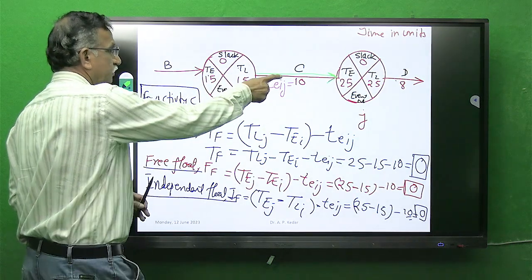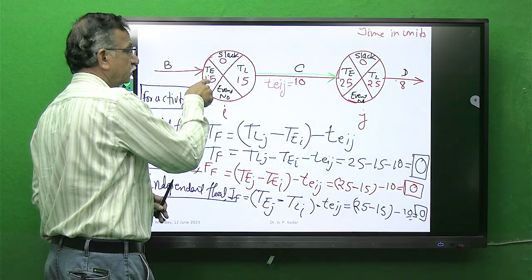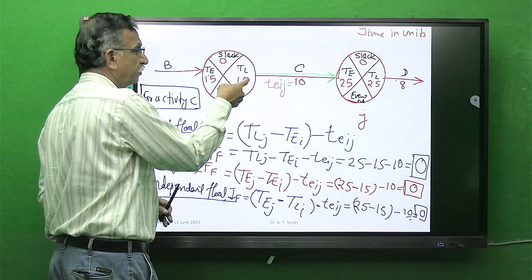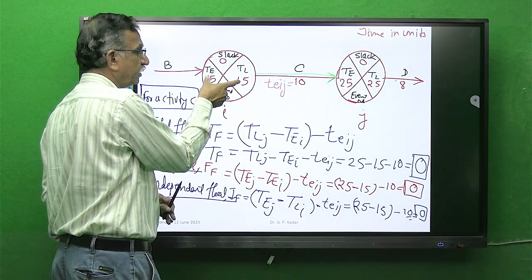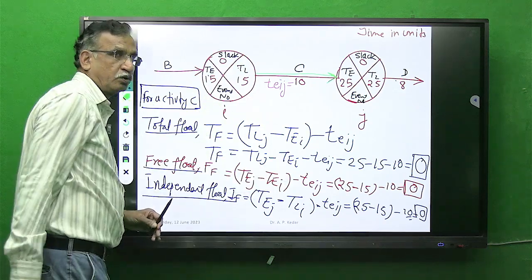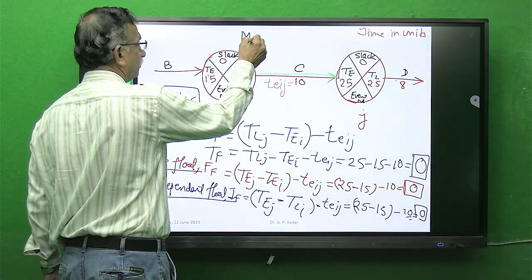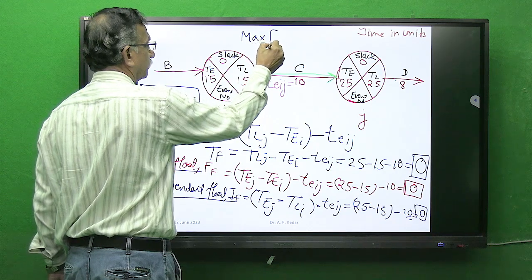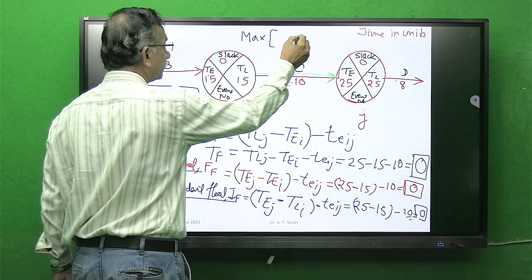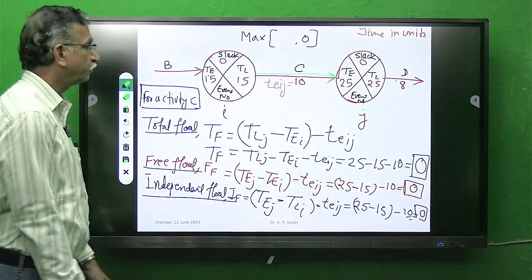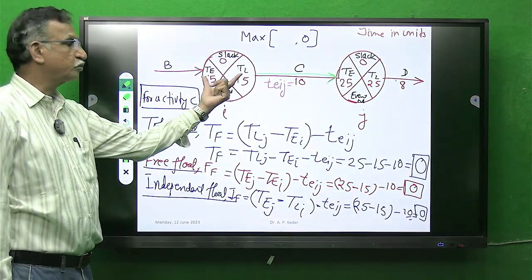Here for C, the earliest start is 15, the latest completion of the previous is 15, 15 minus 15, it is 0. We have seen the maximum value of difference or 0. Difference of what? Difference of these two values.